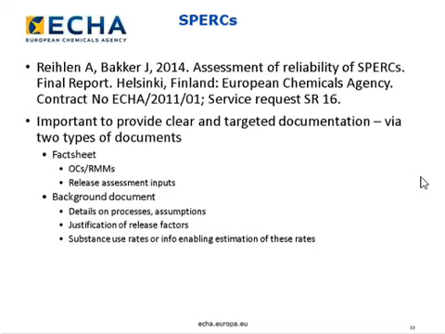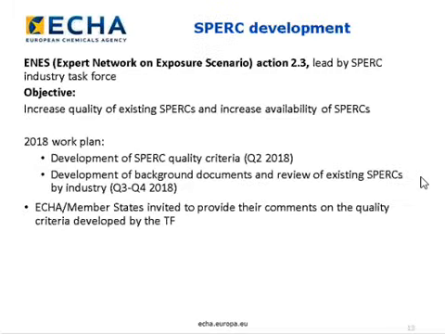And there is a background document containing more content, which would go into more detail on processes and assumptions, what is covered by that specific SPERC and the fact sheet information provided there. All justifications and more detailed information would be provided in that background document.